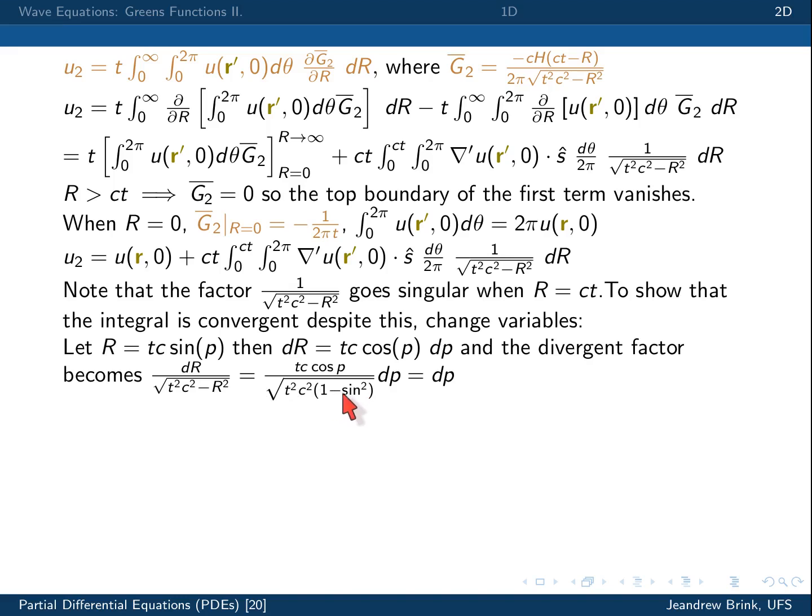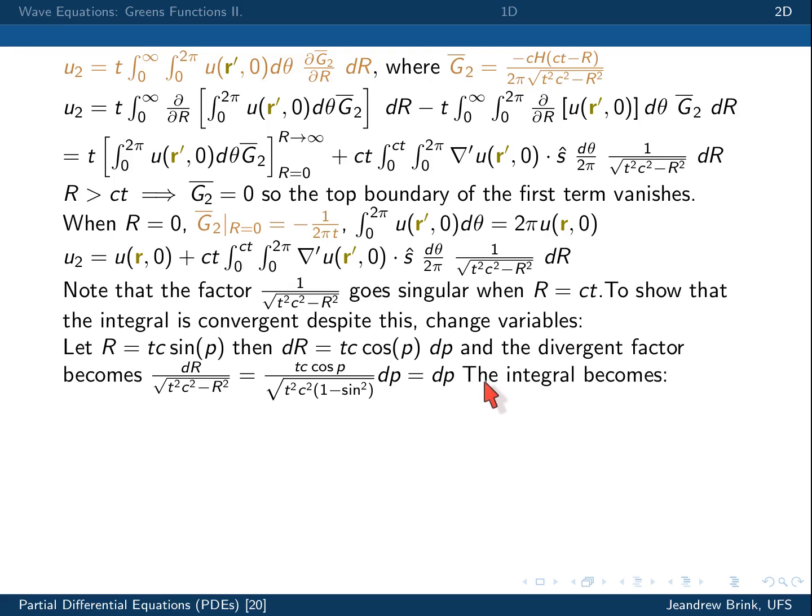What we have then is simply cos of p, so the cos's cancel, the t's cancel, and it becomes this very simple dp. With this change of integration, we've basically removed this divergent term over here, replacing it with dp.